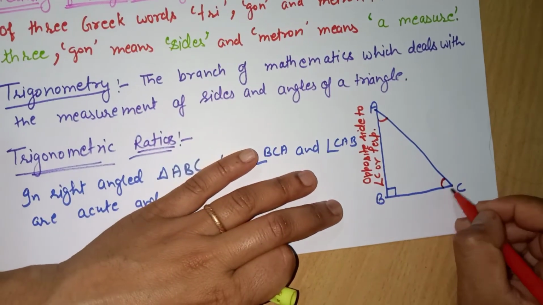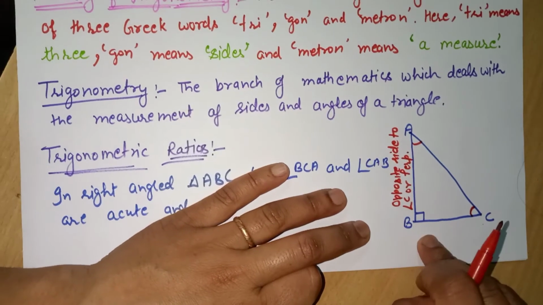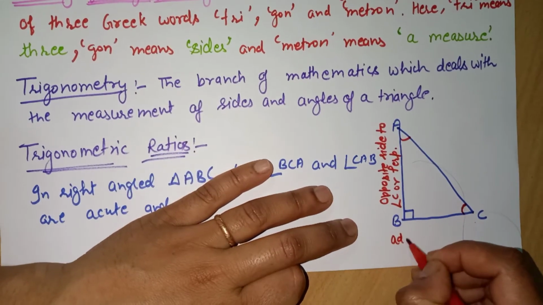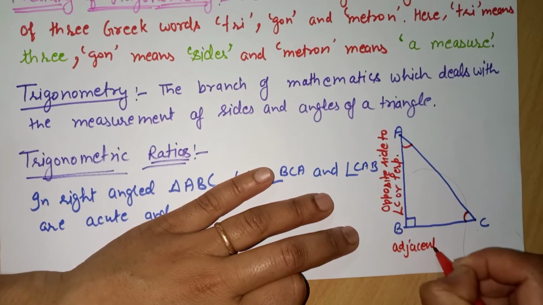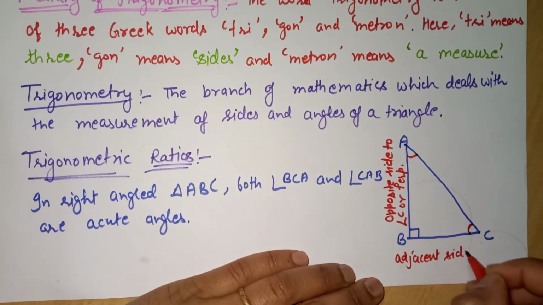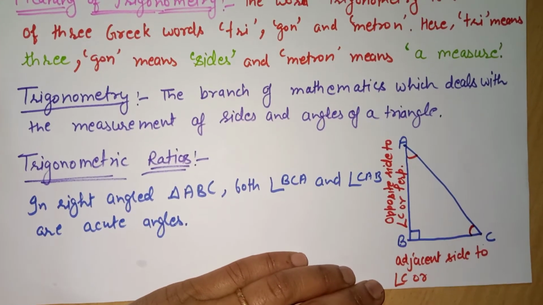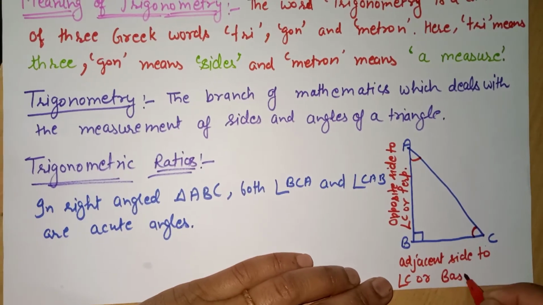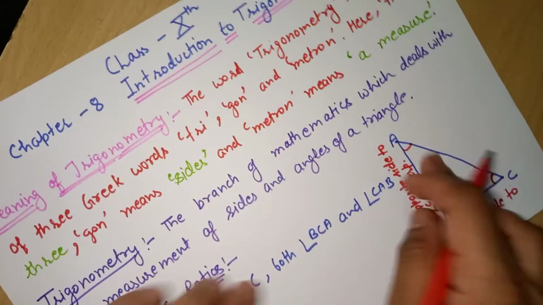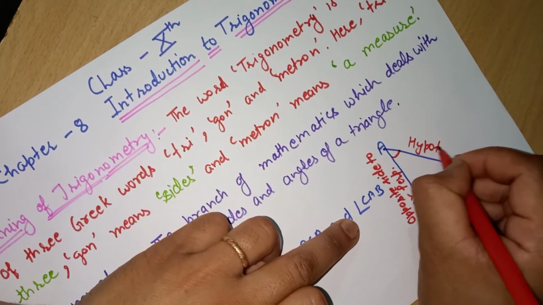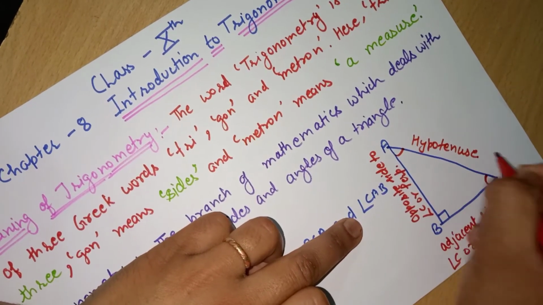The side which is closer to the angle C, that is adjacent to the angle C, is called the adjacent side to angle C, or we also take it as the base of the given triangle. And the third side, the longest side of the triangle, is called the hypotenuse.